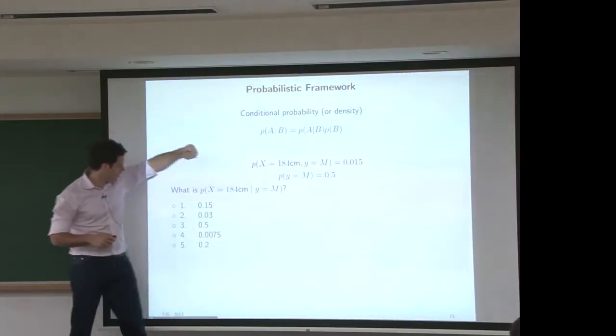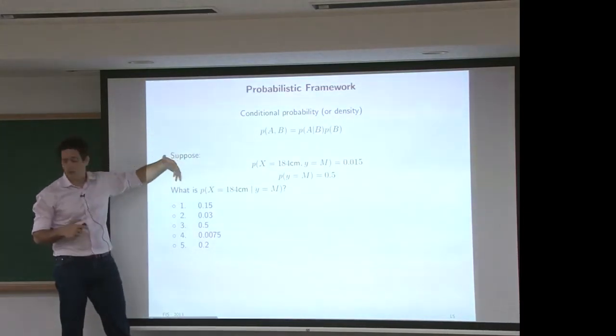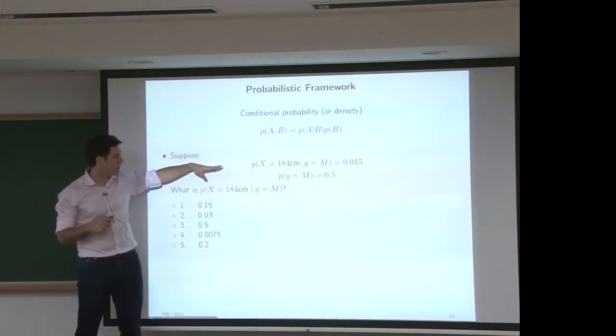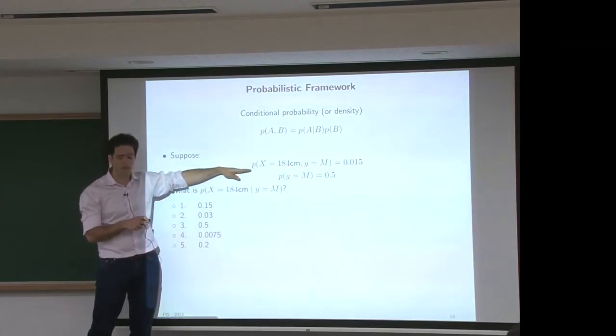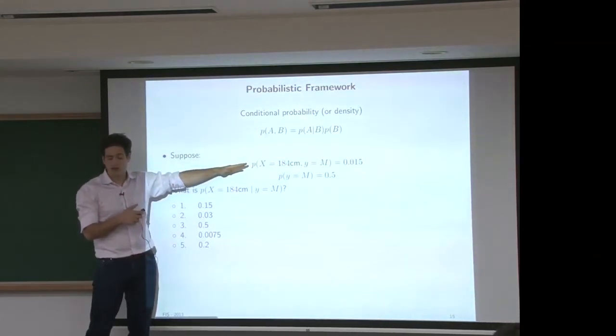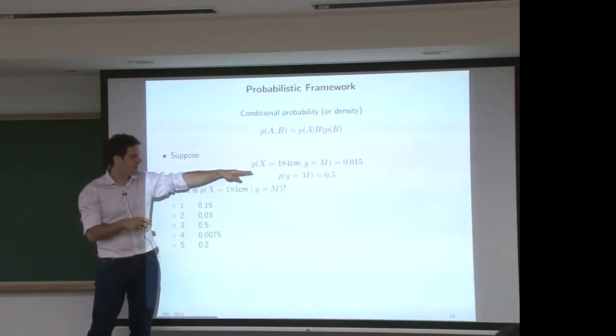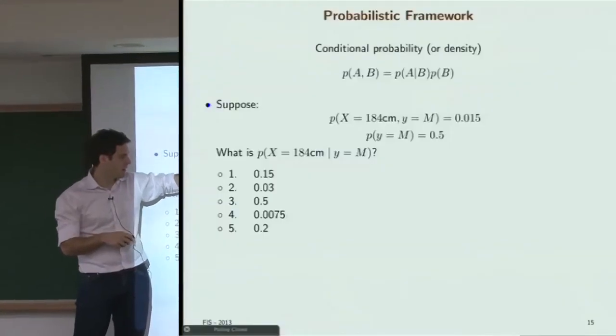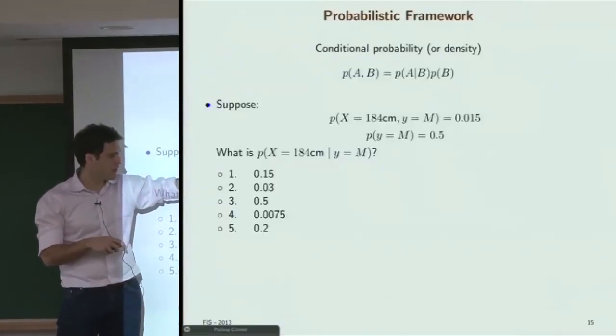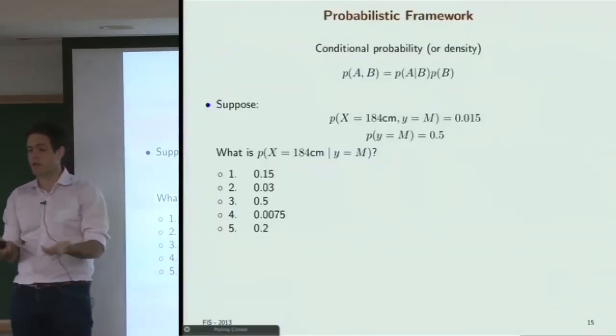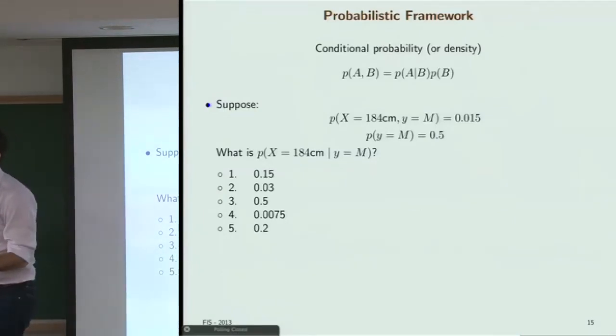Suppose I'm telling you the probability that the height of a person is 184 centimeters and his or her gender is male, well, this density, is 0.015, and I'm also telling you that the overall probability of having a person who is male is 0.5.